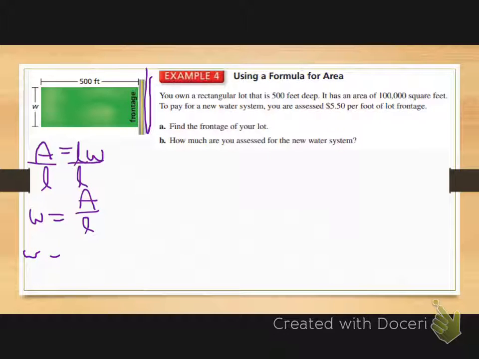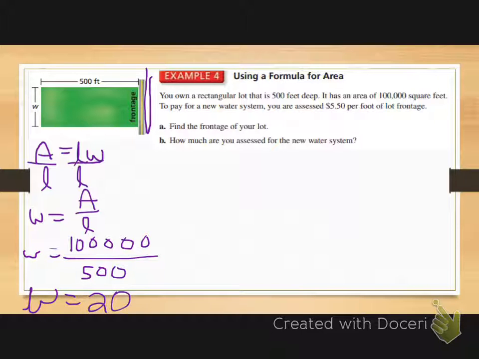So the width is going to be 100,000 divided by 500. So now we know that our width is 200 feet. Don't forget your labels. So there's A. The frontage is 200 feet.